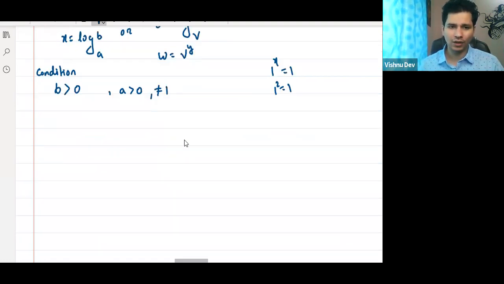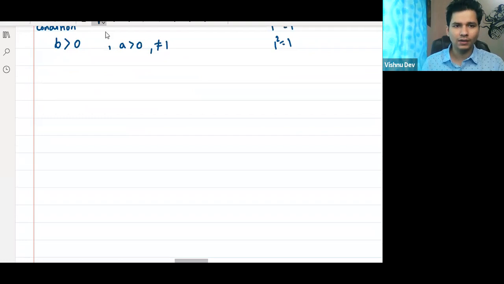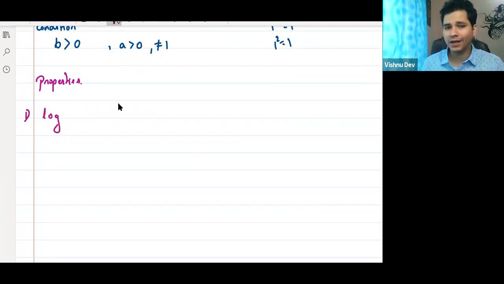Now, let us talk about properties. Whenever I write log, the base can be anything, but here I'm not putting any base.